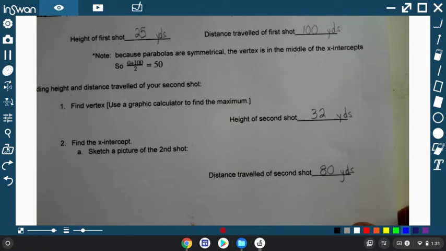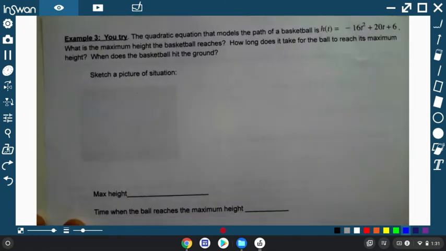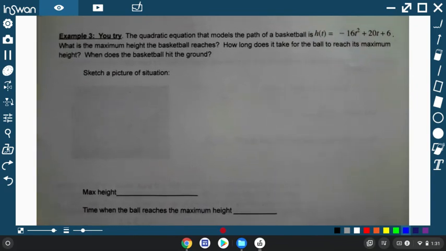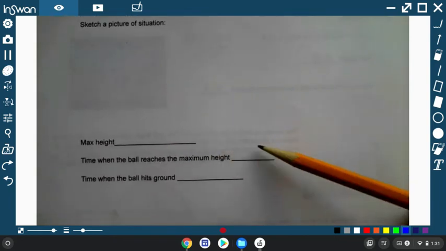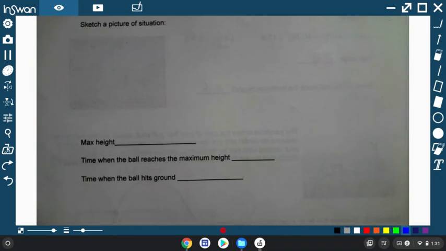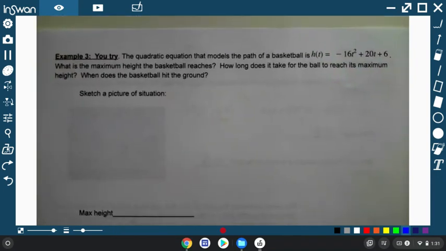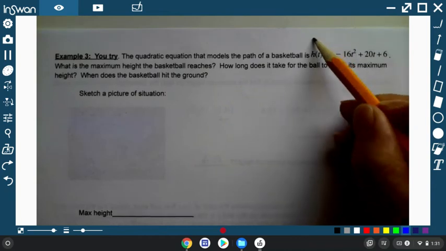All right, there's only one more example, and that really is your turn. So I want you to pause the video. This is the one where you're going to try. Really take your best effort, pause the video here, and then replay it when you're ready to check how well you did. Make sure you try your best to answer these 3 questions for these problems, okay? I will give you a hint for when you use Desmos. H of t is kind of like f of x, which we just type in as y.